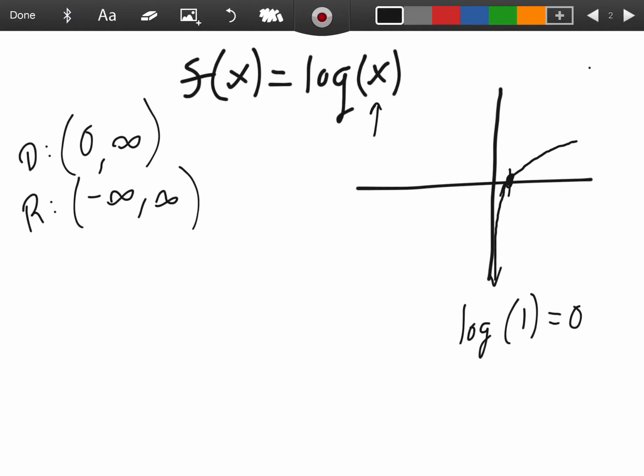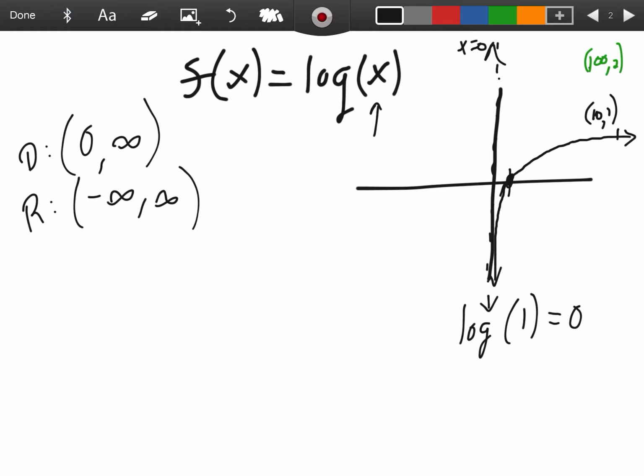Then, as x gets larger and larger, we're going to kind of flatten out. We know somewhere along here I have the point (10, 1). Further down the line, I actually have the point (100, 2). All right, so it's increasing, it's just increasing very, very slowly. We can say that there is a vertical asymptote here at the y-axis. So at x equals 0, we do have a vertical asymptote.